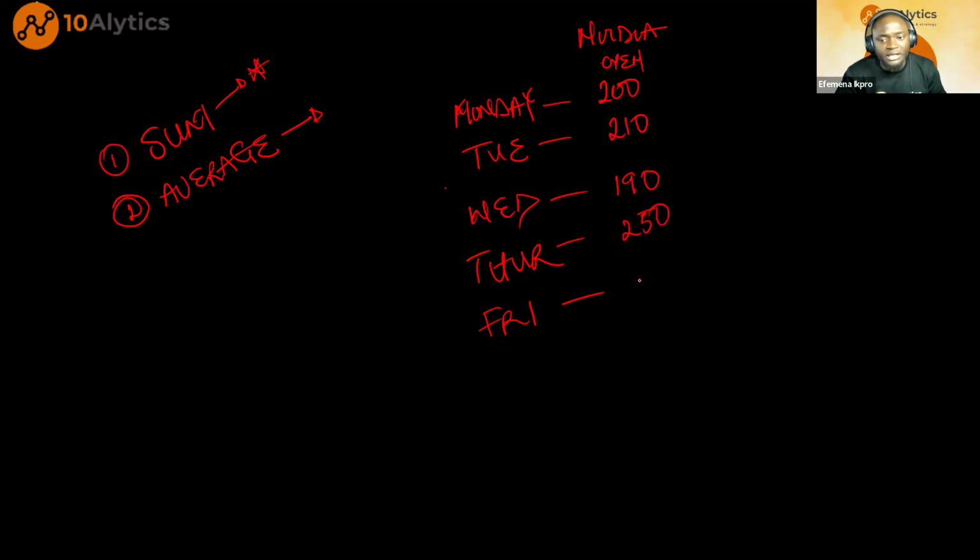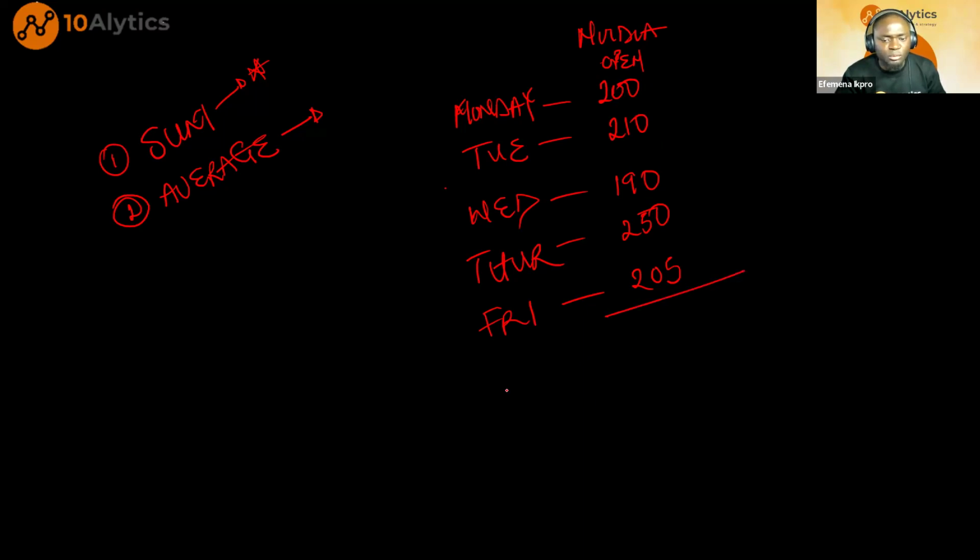Friday, it drops back to 205. So it's the same company, valued at 200 on Monday, 210 on Tuesday, 190 on Wednesday, 250 on Thursday, and 205 on Friday.